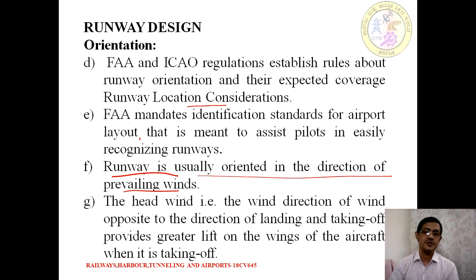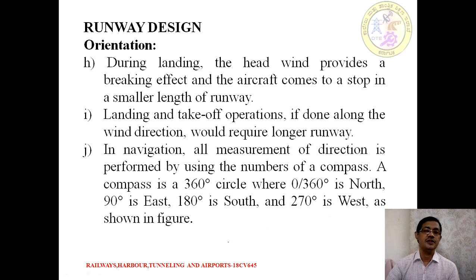Why does it have to be done? Because the headwind, that is the wind in the direction opposite to the landing and takeoff, gives greater lift for the wings for ease of takeoff. Similarly, during landing, the headwind provides a braking effect.